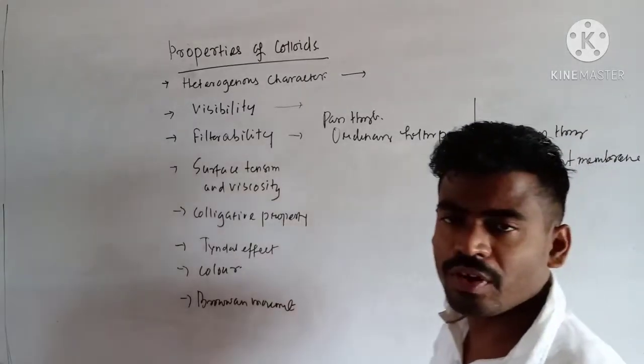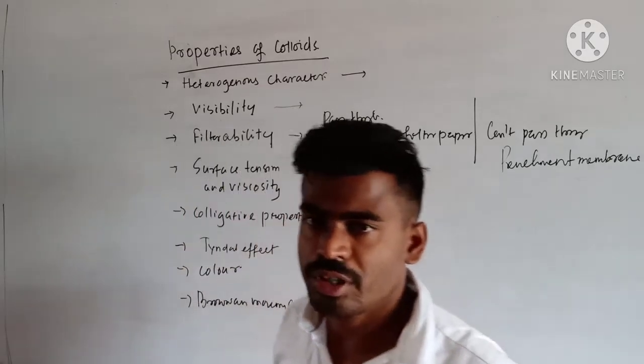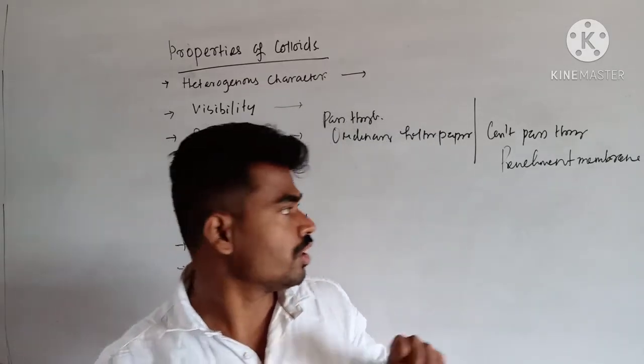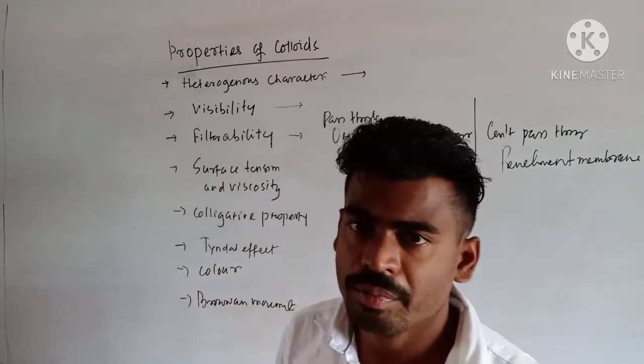Is that clear? So for purification you can use this parchment membrane. For the purification of colloidal salts you can use this parchment membrane through which colloidal particles cannot pass.